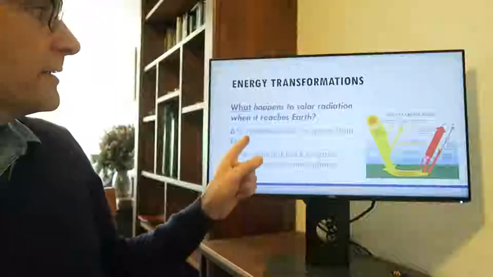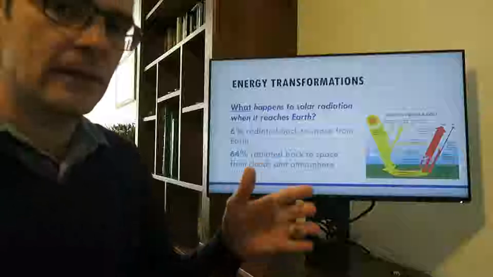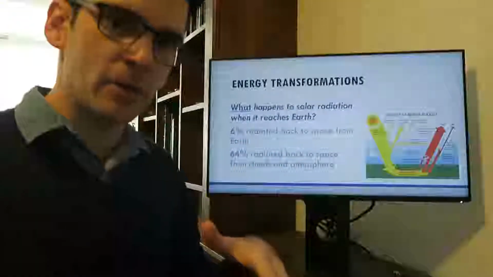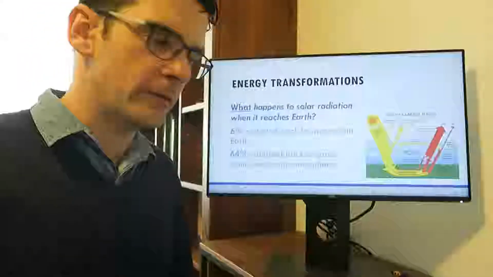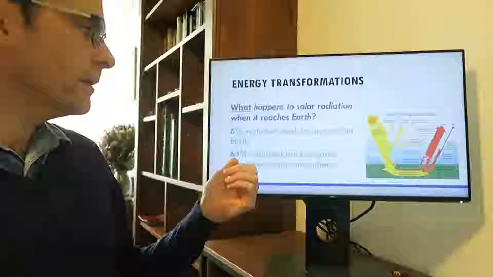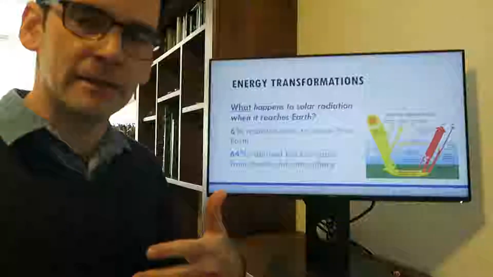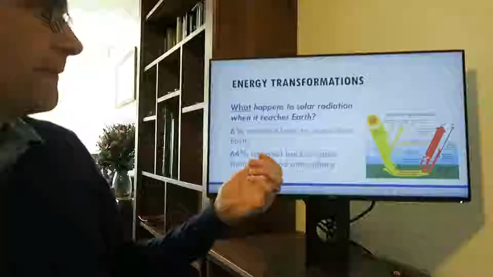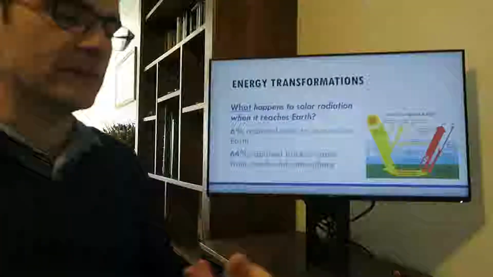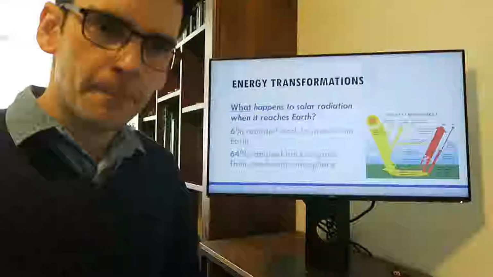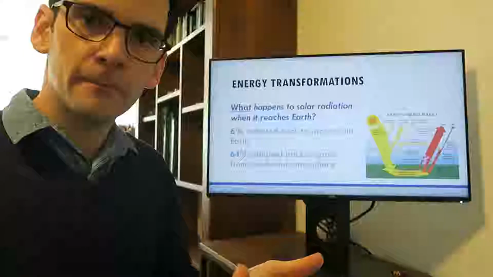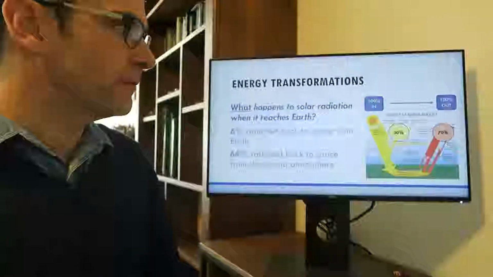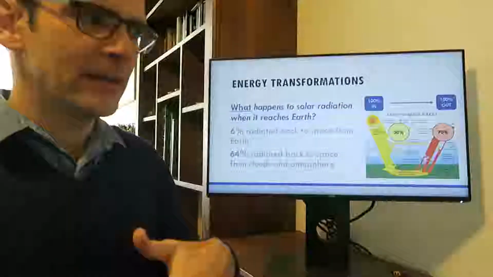So we know that 6% of that energy that was trapped in the Earth or the ocean gets radiated back out to space from the Earth. And then the other 64% of the 70% eventually gets back to space from the clouds and the atmosphere. So what you might be noticing here is that we have 100% coming in, and eventually we have 100% going out.